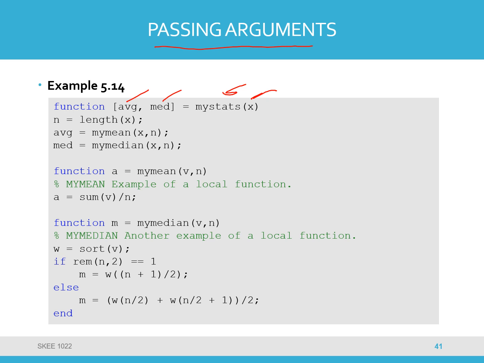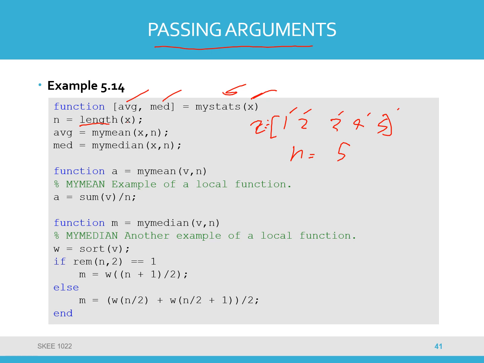The length of x means the length of the data you have, for example 1 2 3 4 5, so x has length 5. Basically n is equal to 5. That is what is meant by the length.